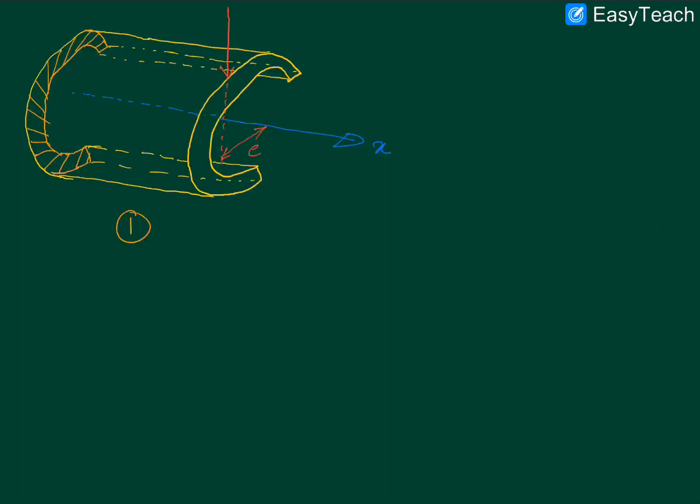Now let us remind ourselves that the whole motivation of considering such a special kind of cross section, namely a thin walled open cross section, was to make the determination of the shear stresses relatively easier.